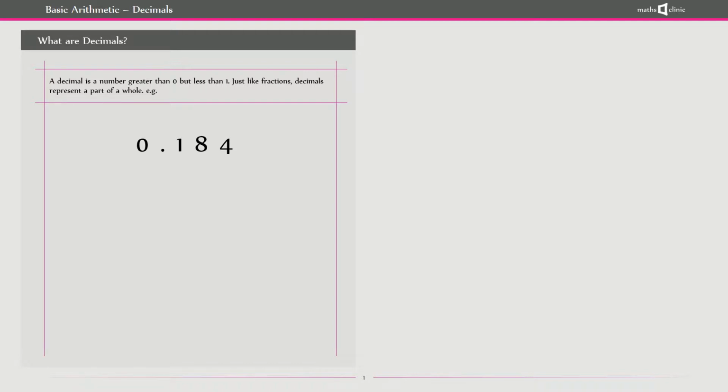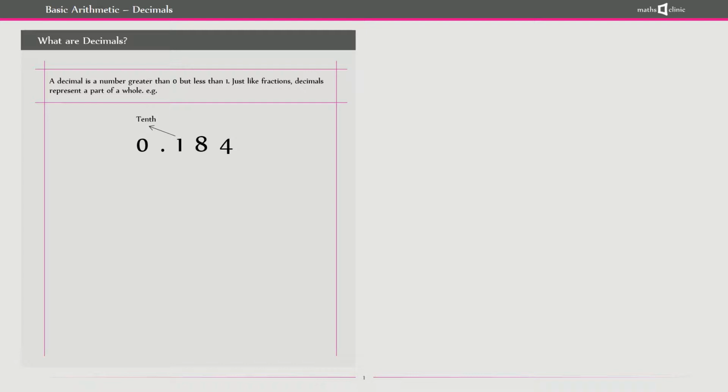Just like we have place value for regular whole numbers, i.e. units, tens, hundreds, thousands, tens of thousands, millions, and so on, we have place values for decimal numbers as well. The way the decimal system works is, as you go from the decimal point toward the right, you start with this, and this is called a tenth.